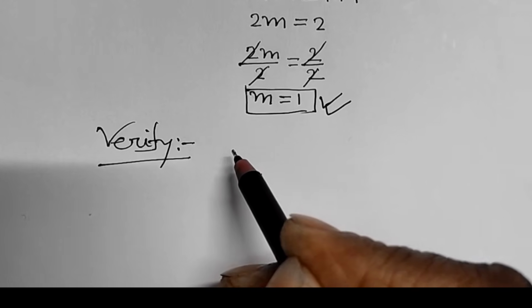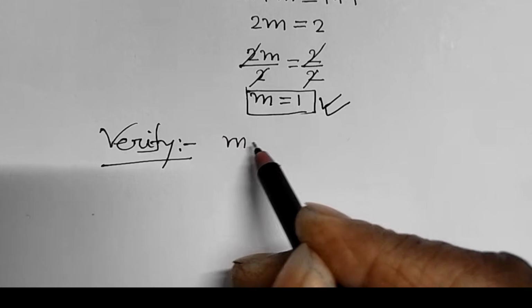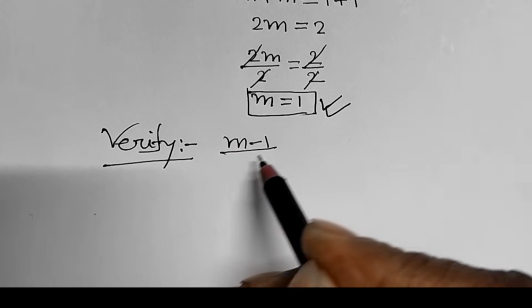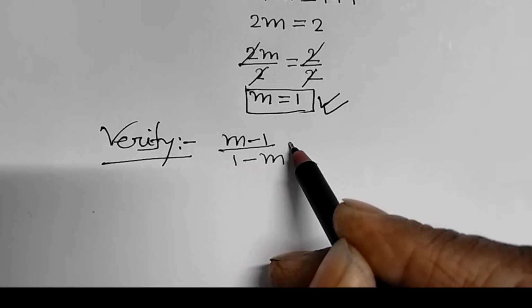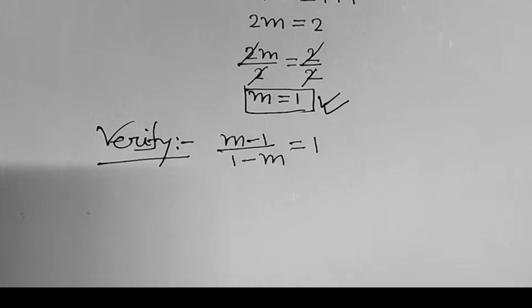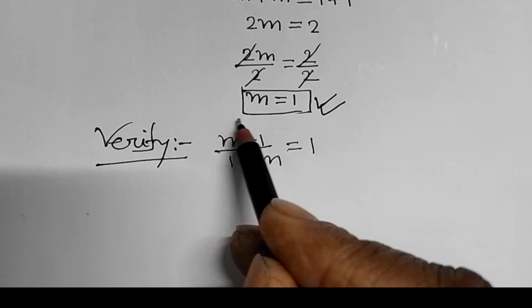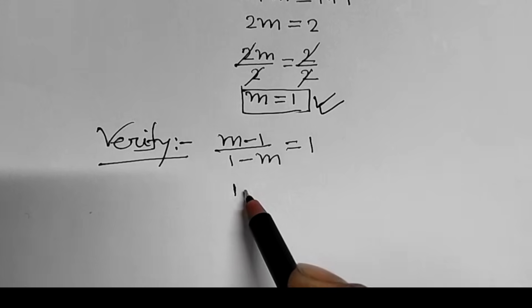Our given equation is (m minus 1) all over (1 minus m) equal to 1. Now we will have to put the value of m, that is 1, in the above equation.